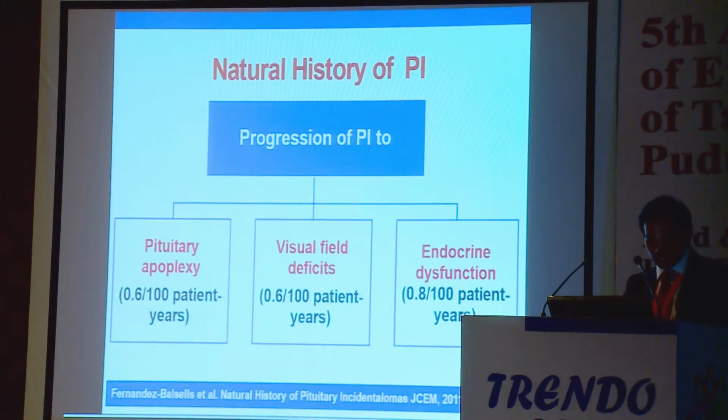With progression, they have found that progression to pituitary apoplexy amounts to around 0.6 cases per 1,000 patient years, visual field defects in 0.6 per 100 patient years, and endocrine dysfunction in 0.8 per 100 patient years.